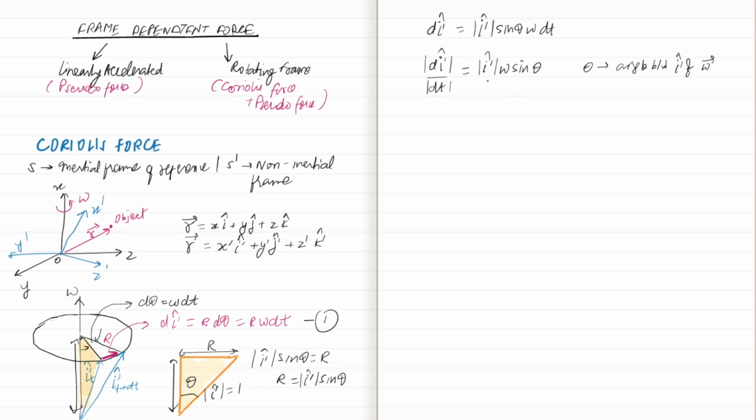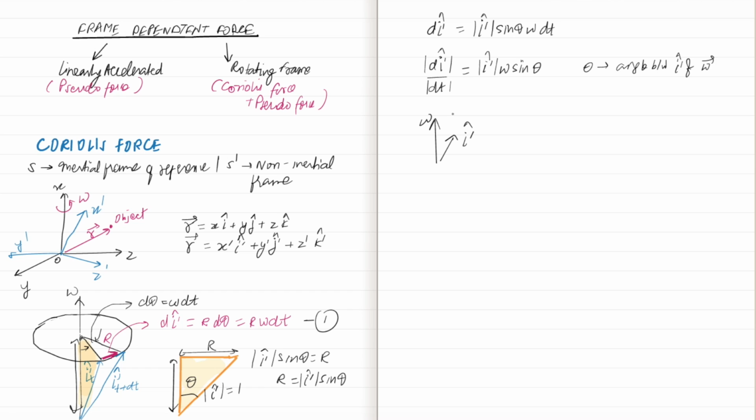This we can write as a cross product. Either we can write i dash cross omega or omega cross i dash, both will give the same magnitude. So let's check the direction in this diagram. Omega was in this direction and we have i dash cap in this direction. If we do omega cross i dash using the right hand, that will give the correct direction of delta i dash or d i dash.